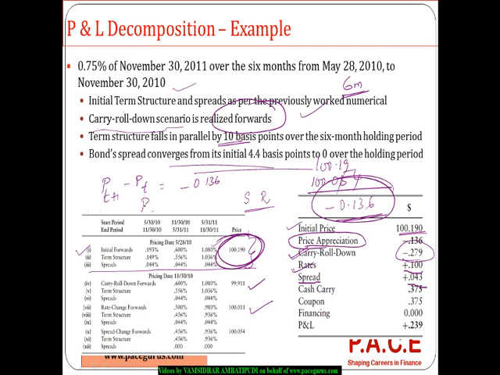But if I have to talk about the P&L, even the coupon has to be added. So I am adding up the coupon, which is 0.375 during this period, which is creating a plus 0.239. And of course, if there is any kind of financing cost, I'll subtract even the financing costs to arrive at the adjusted P&L.